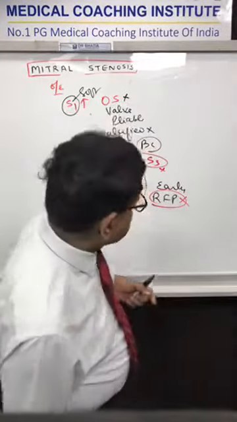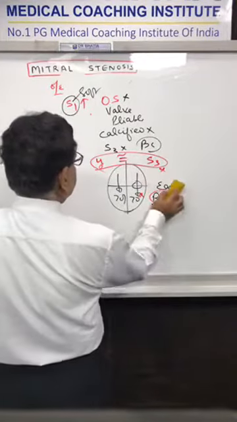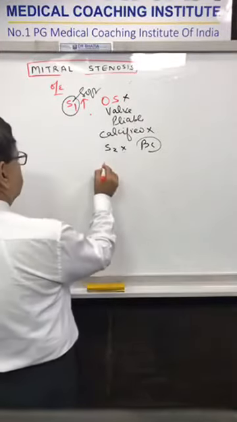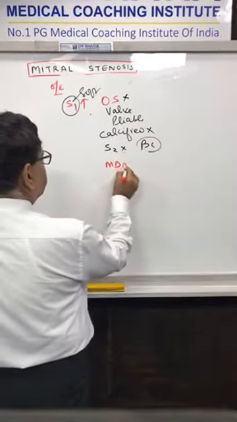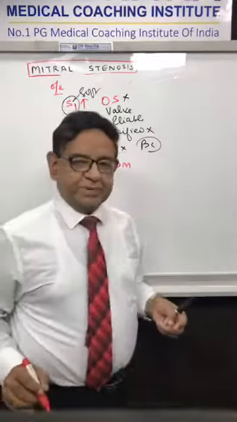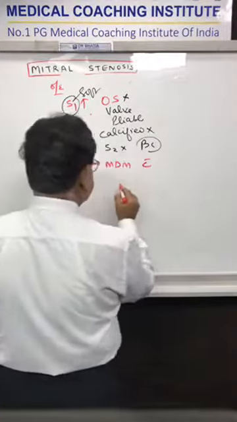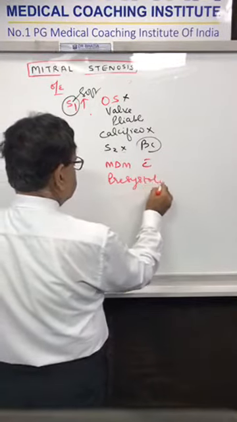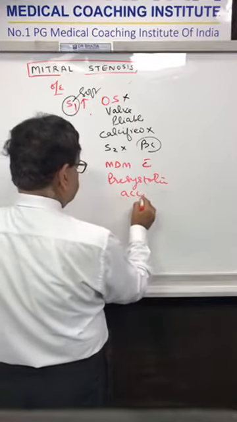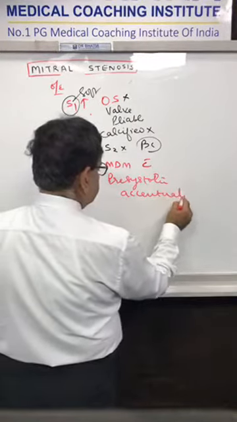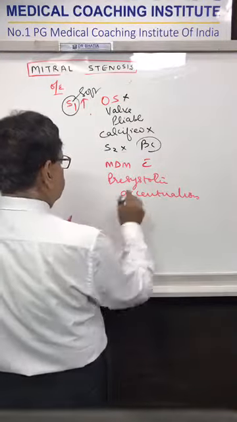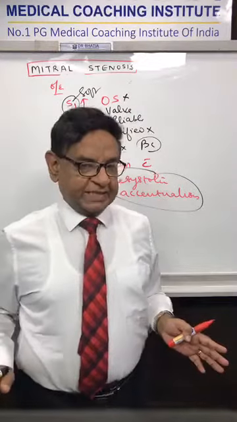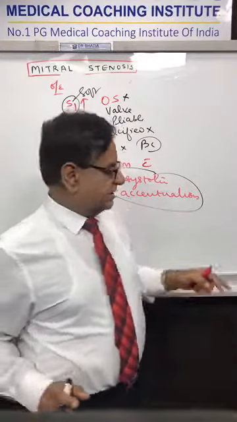Is it clear to you? So what we learned, third sound is never heard. What do we get? You get a mid-diastolic murmur with pre-systolic accentuation. And this occurs due to atrial contraction, which occurs in the later phase of diastole.